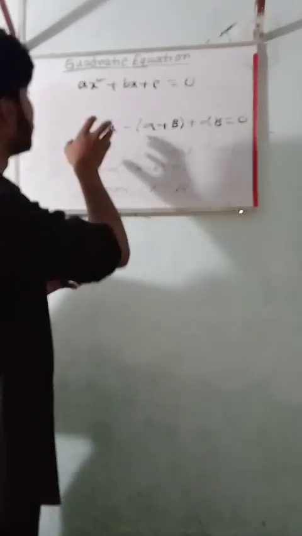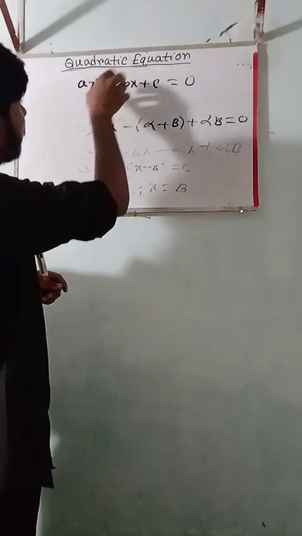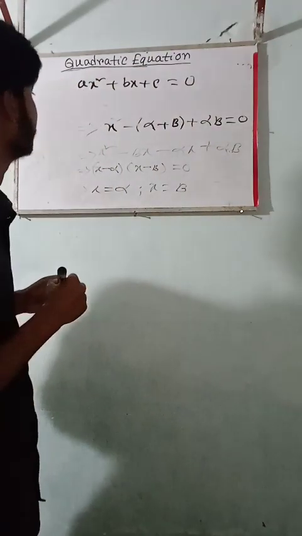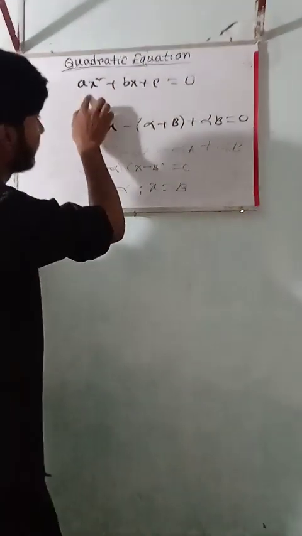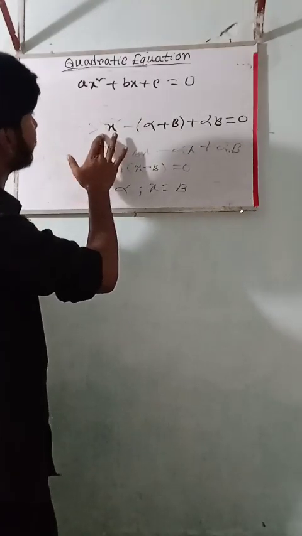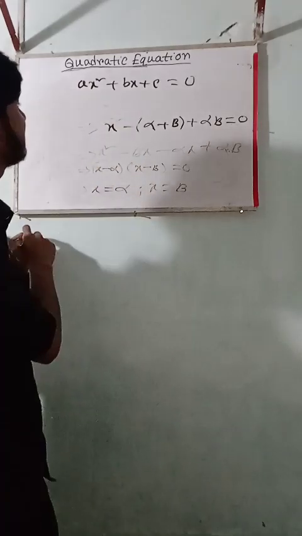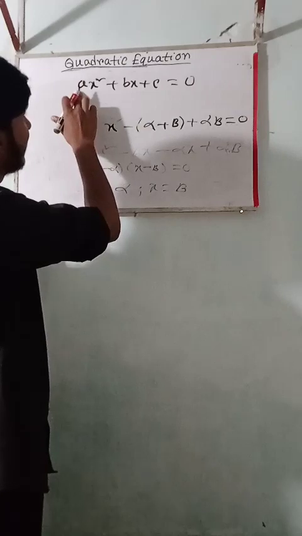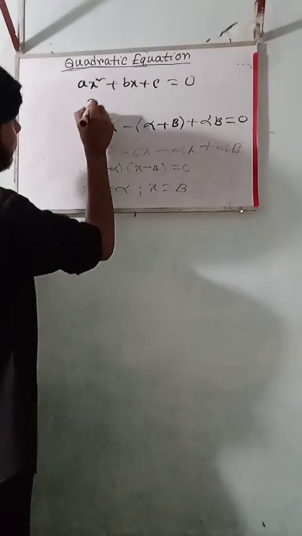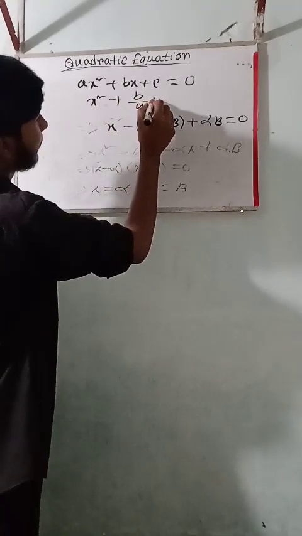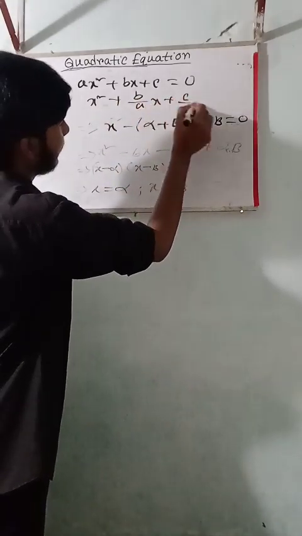So the standard formula of the quadratic equation is ax square plus bx plus c is equal to 0. But if we compare these two equations, then here is a but there is no a. So we have to vanish this a. For vanishing a, we have to divide this expression. If we divide it by a, the whole expression, then it will be x square plus b by a x plus c by a.